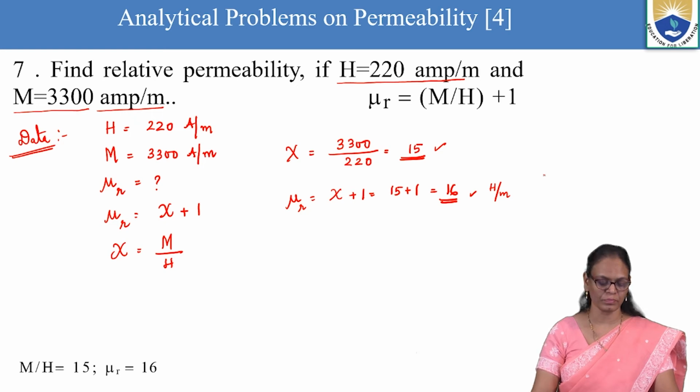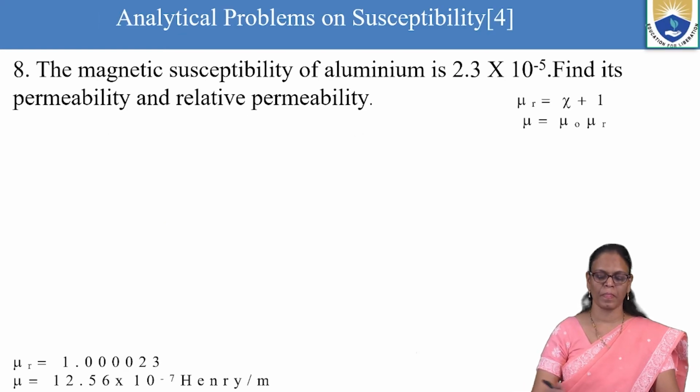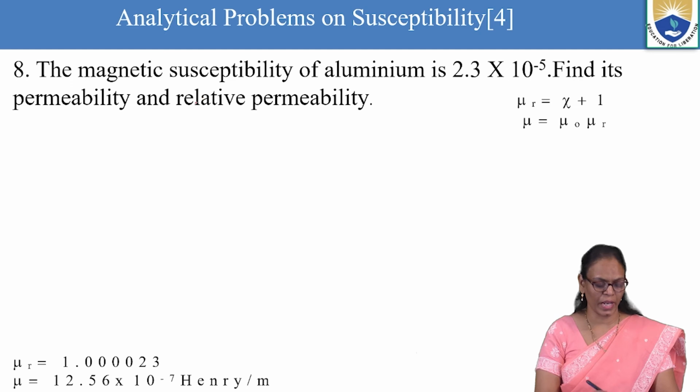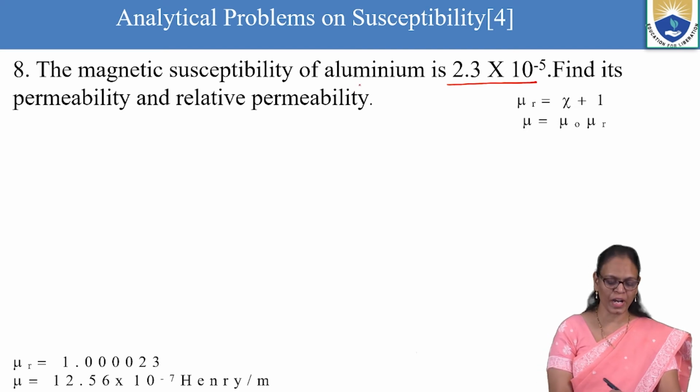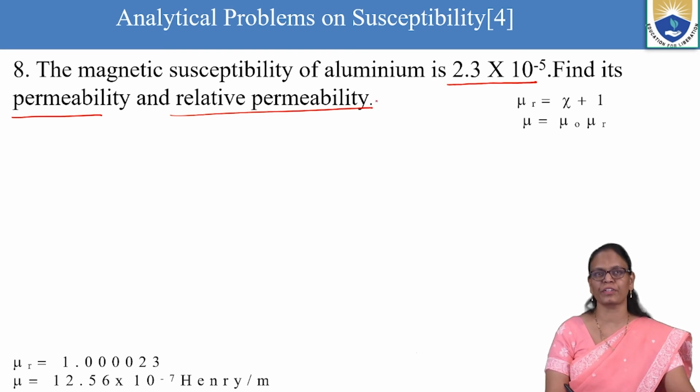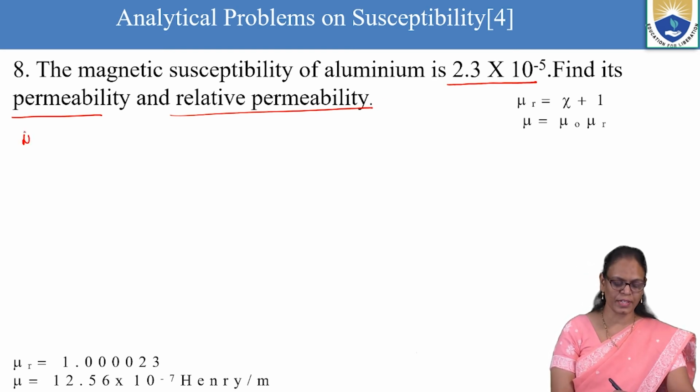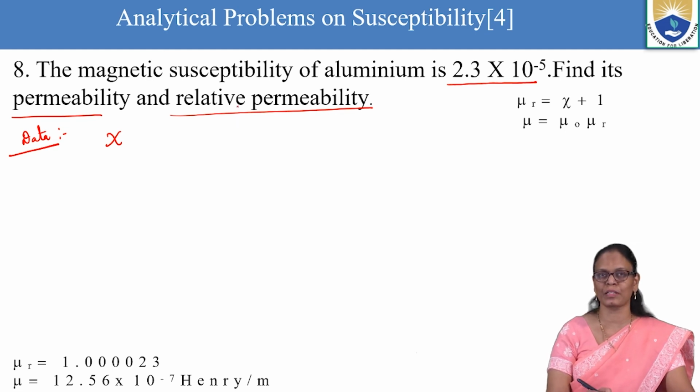Now the eighth one: the magnetic susceptibility of aluminium is 2.3 into 10 power minus 5. Find its permeability and relative permeability. Both we have to find here. What is the data given? Susceptibility, or magnetic susceptibility, both mean the same.